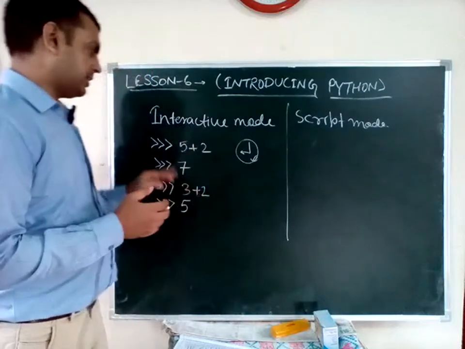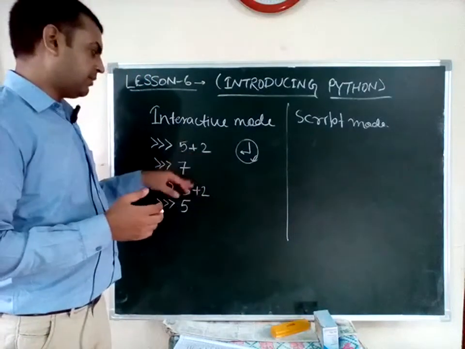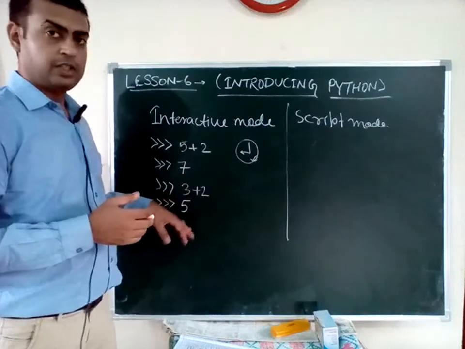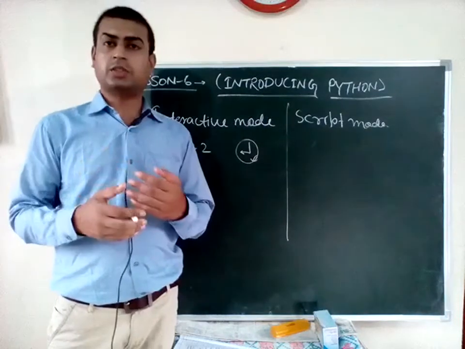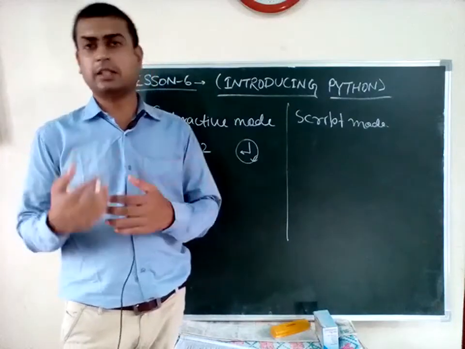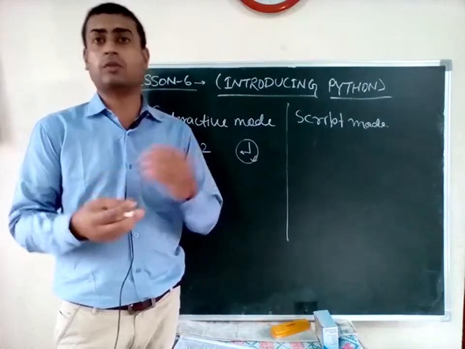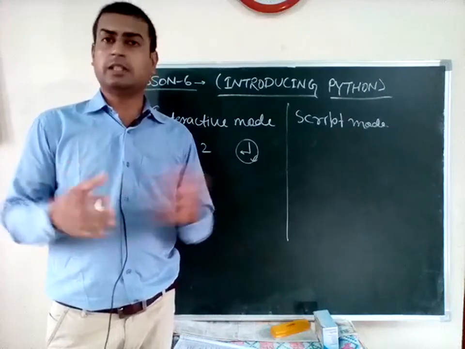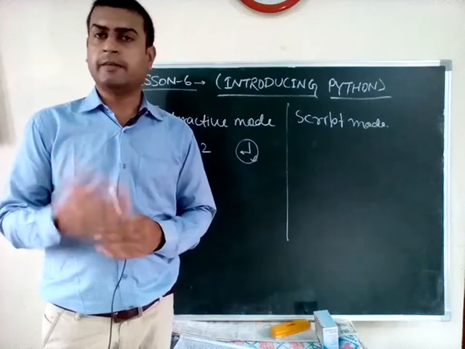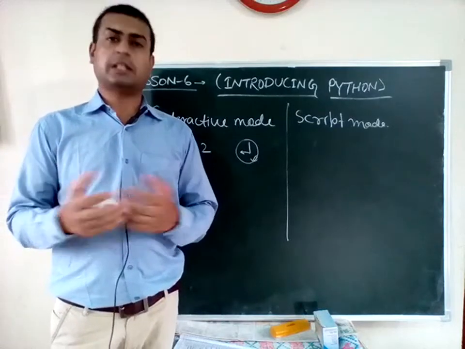As you can see here, one line I have written, one answer I got. Again one line I have written, one answer I got. If one line is written and one answer or one error I get, whatever it is, with line by line execution, then it is called an interpreter. Compiler will not do those things.